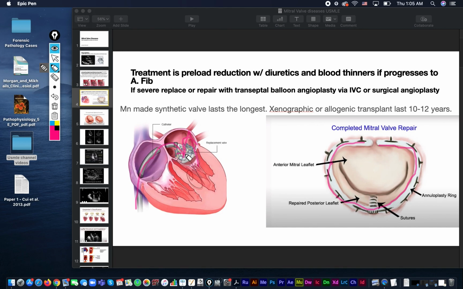You could do a surgical replacement, I suppose, as well. I'm not a cardiologist. I'm not sure of the timeline of that after a posterior infarct. I don't see why not.